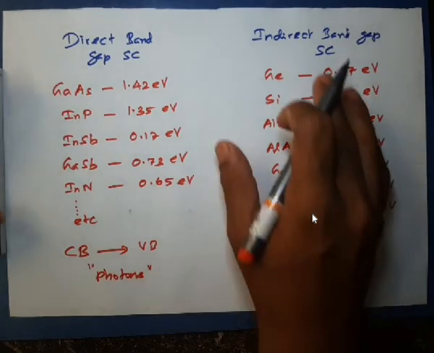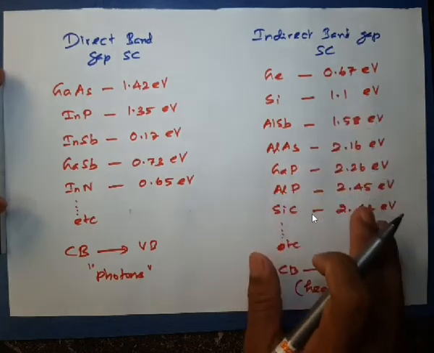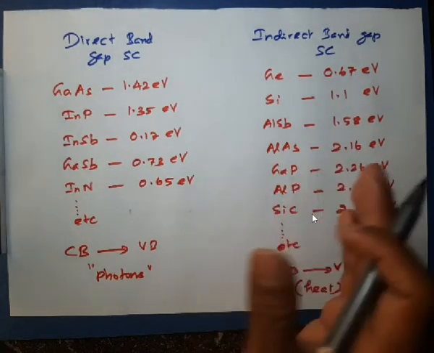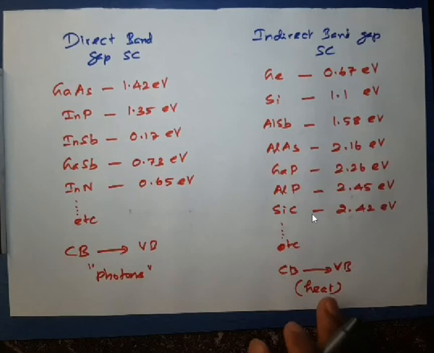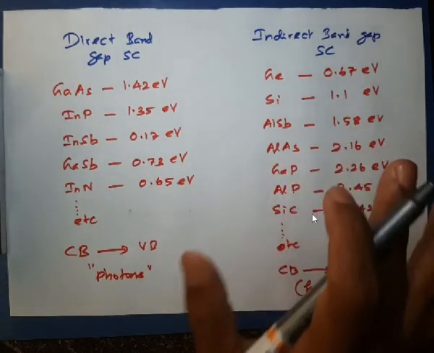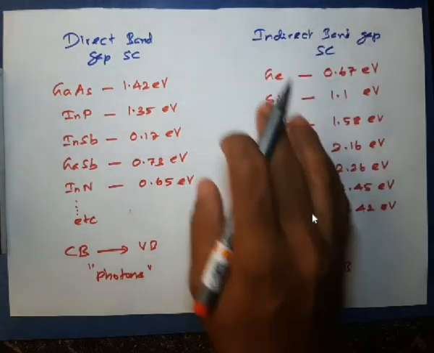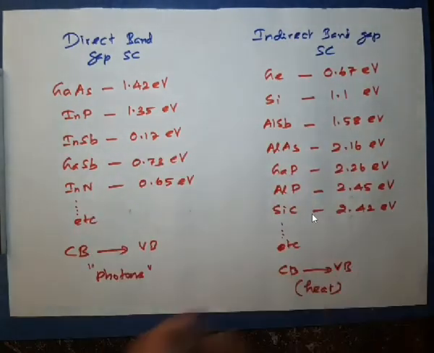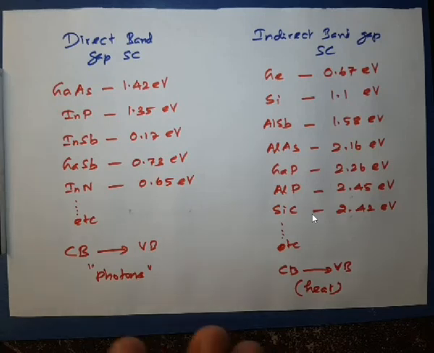So indirect band gap semiconductors are not the usual materials for optoelectronic applications. We are using them for some purposes, but in general they are not very useful for optoelectronic applications.